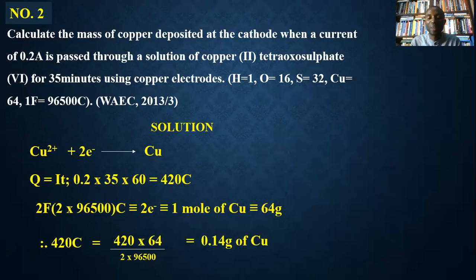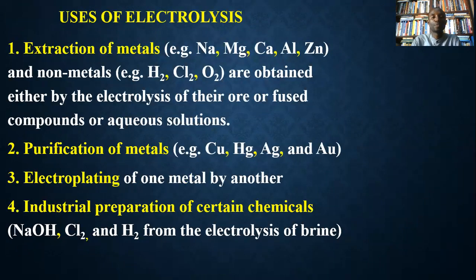You cross multiply to find the mass and divide by 2 Faradays, which will give you 0.14 gram of copper that will be produced. Thank you.